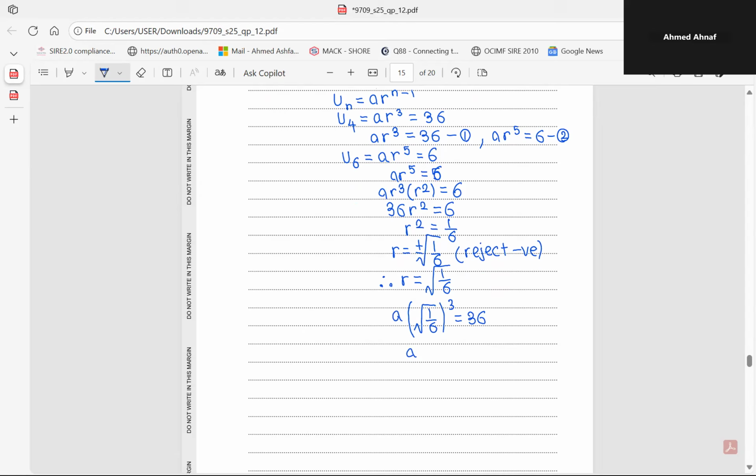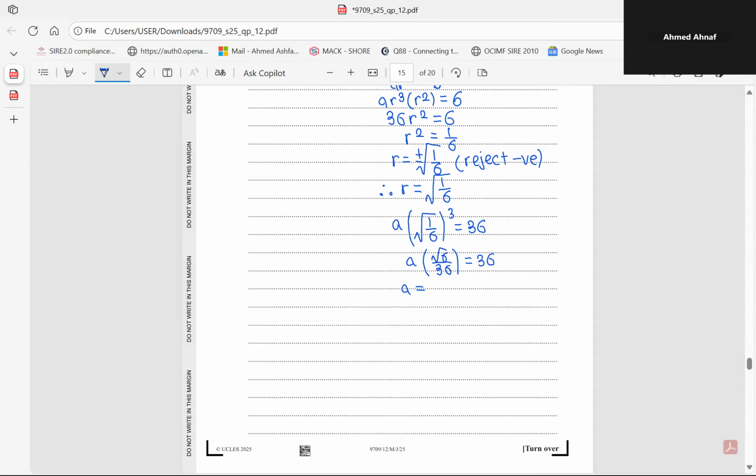So this would give us 1 over 6 times square root 1 over 6, which is 6 over square root 6 over 36, equals 36. And then this would give us a is equal to 36 squared over square root 6.